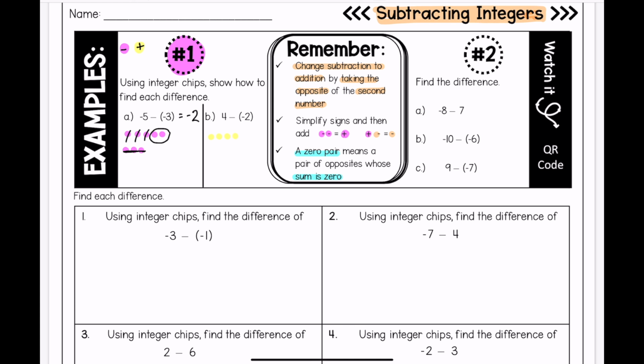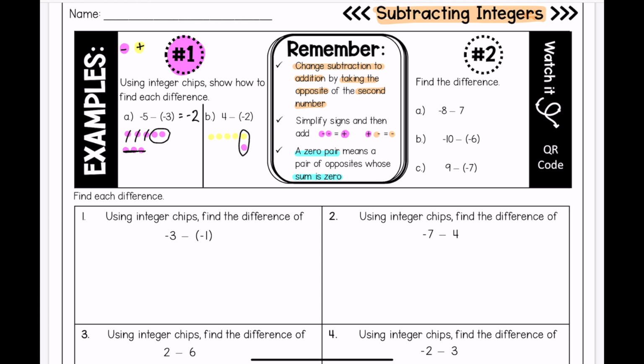To get a negative, I would add in a zero pair of a yellow and a pink, because together those two equal 0. So I didn't change the value there. I still have a positive 4. I just added in a zero pair.